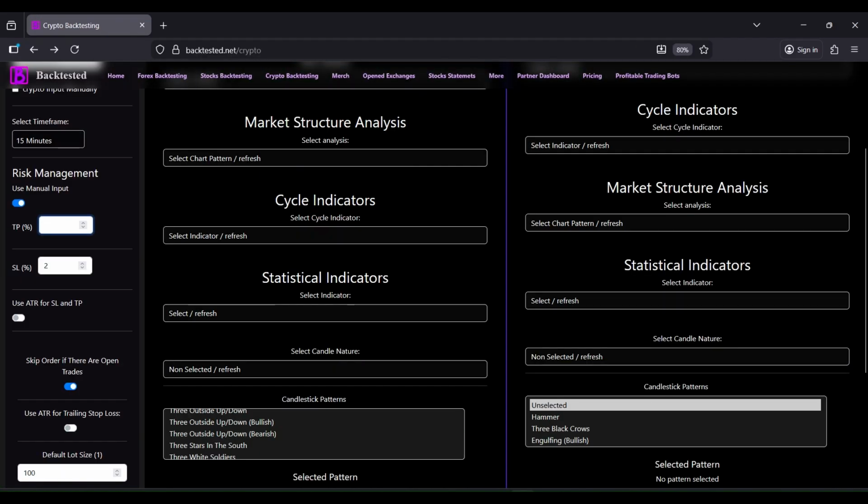Let's just set it to be 3 for the take profit and then 4 for the stop loss. And see, it's always kind of better to make the stop loss a little bit higher in some strategies, because it's shown that it improves the win rate a little bit, and sometimes even the profit factor.